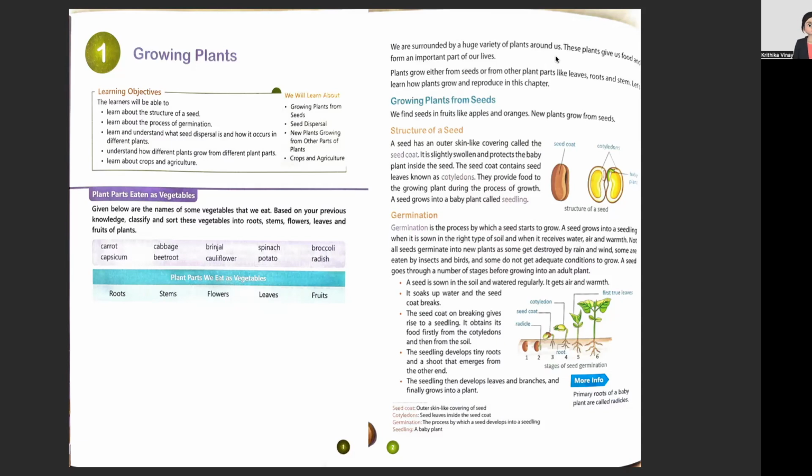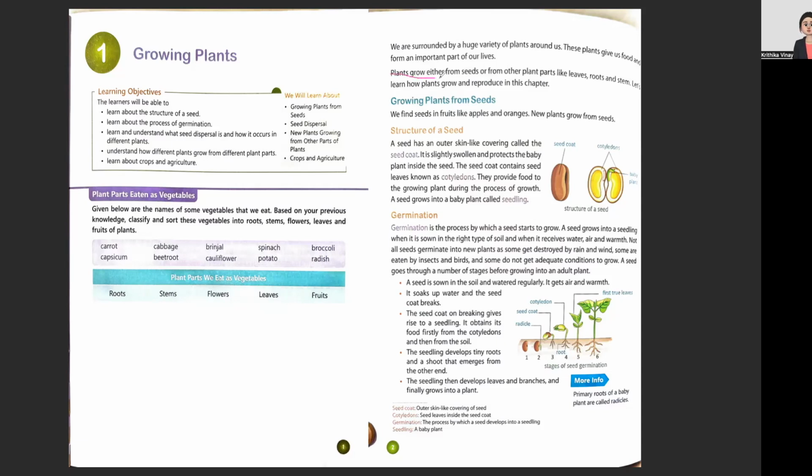That means if you go to a forest, how many types of plants will be there? Many, right? That's what that means. These plants give us food and form an important part of our lives. And of course, plants give seed. So, it is very important.